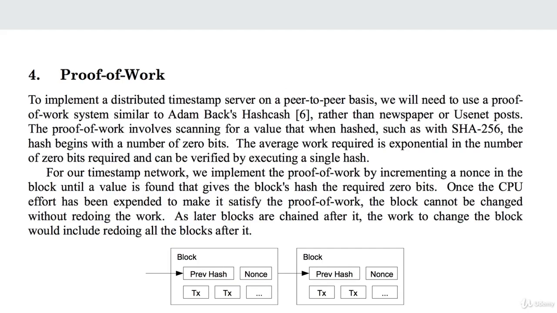Then we have the fourth section, labeled Proof of Work, which details how miners will add blocks by solving a computational puzzle that ensures blocks aren't added at too quick of a pace. The paper itself provides details on how the Proof of Work algorithm is implemented. Notice the use of an SHA-256 algorithm, which we'll be using in our own implementation as well.